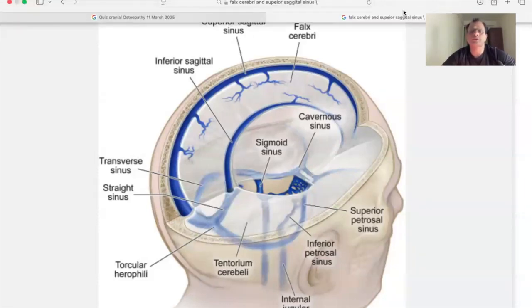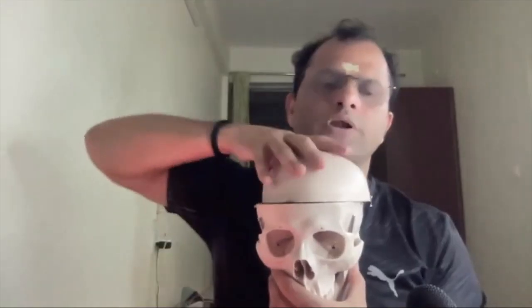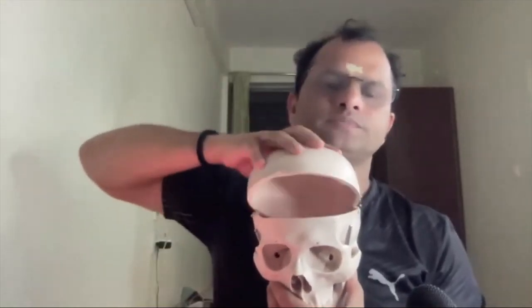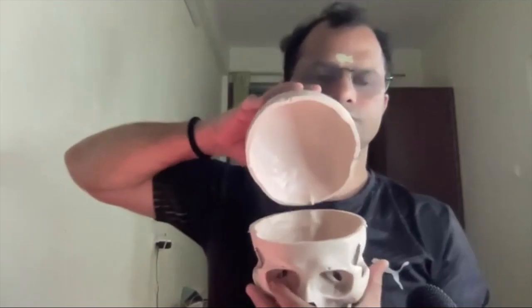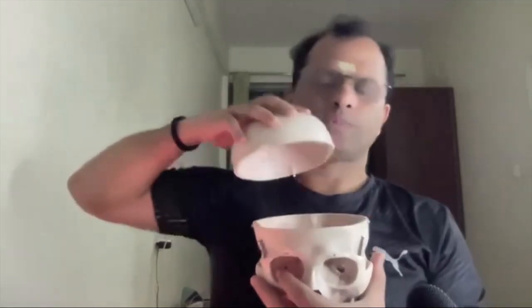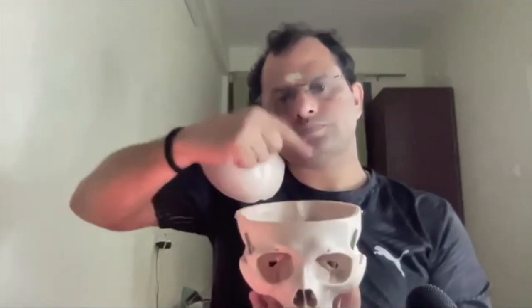There are two types of membrane here. I will tell you both the types. One membrane is like this. Because here we are having superior, like I will show you one structure. If we remove this upper part, we can consider the superior sagittal sinus is going like this. Then falx cerebri, then inferior sagittal sinus.